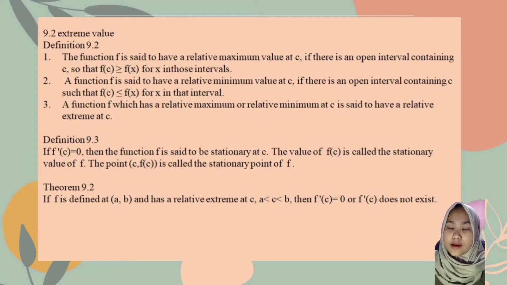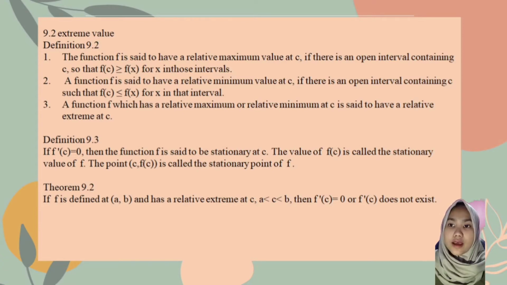A function f is said to have a relative minimum value at c if there is an open interval containing c such that f(c) is less than or equal to f(x) for x in the interval.